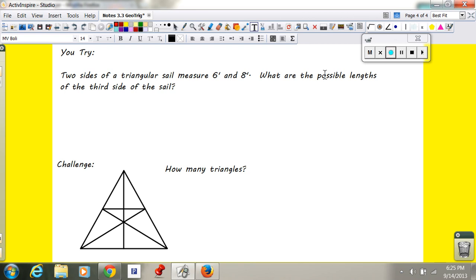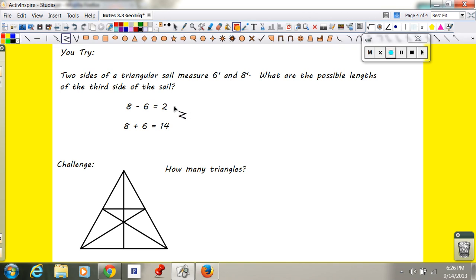So if I'm going to find the possible lengths, it might be a really small acute triangle where I would need to do 8 minus 6. That would equal 2. Or it might be a really, really huge obtuse triangle where I'd have to do 8 plus 6. And that would be 14. So that's somewhere in between these two.